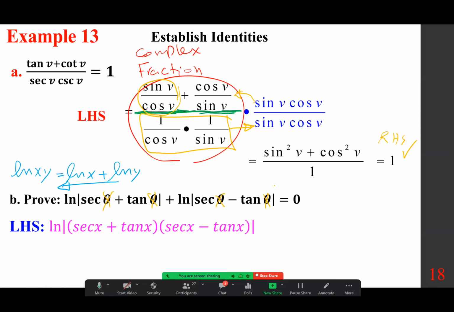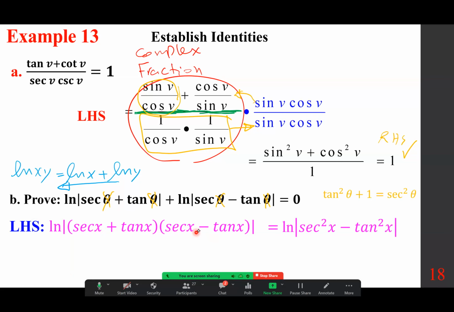So what happens is that when you do the product, you end up with what? Secant squared minus tan squared, right? So ln of secant squared minus tan squared. And I remind you of one of those Pythagorean identities which says tan squared plus 1 equals secant squared.